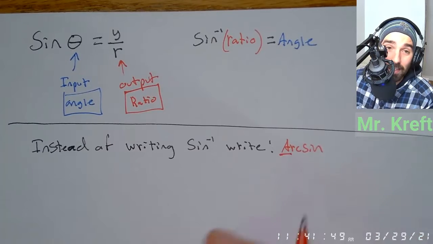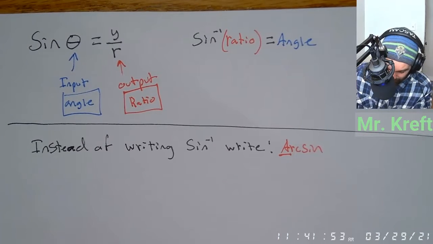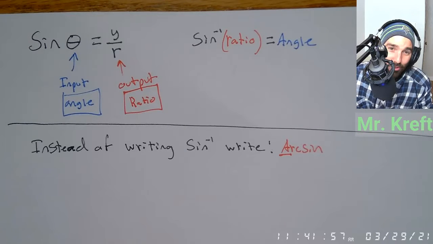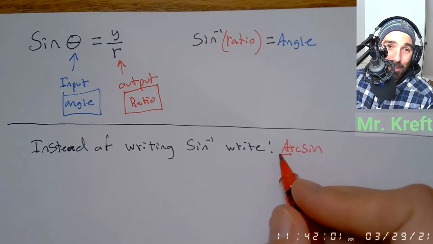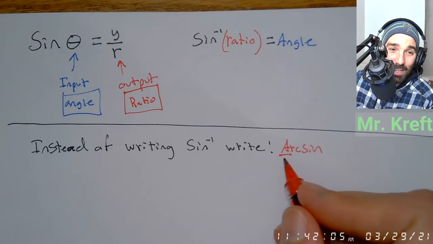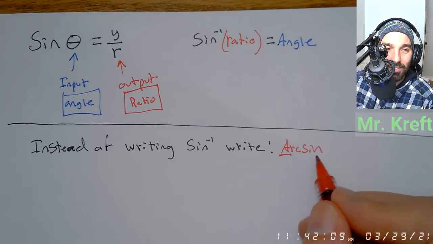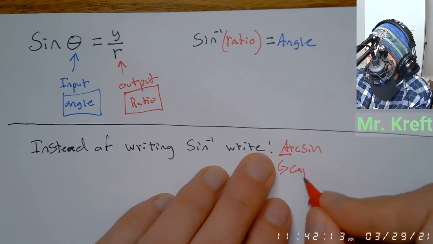Now, the book doesn't teach it like this, but the capital A means you're using principal values, okay? And I don't think the book does that. The book just always assumes you're using principal values, so I kind of hate this book. But if you're not assuming you're using principal values, you make it a capital A, and it's just really easy to tell that you're using principal values, okay? So we have arc sine, okay? And I'm just going to write that down. Capital means principal values.